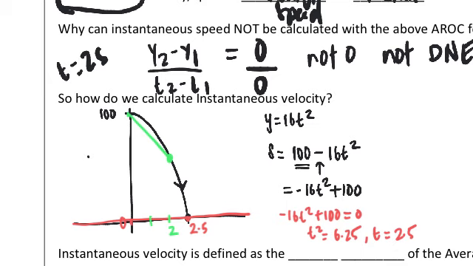So if we want to know what is the rate of change right at t equal to 2, what is the speed at 2, what we can do is start doing average calculations for times that are closer and closer to t equal to 2 seconds, right? I could say, instead of starting at 0, let me go from 1 to 2 seconds and calculate the slope of that line.